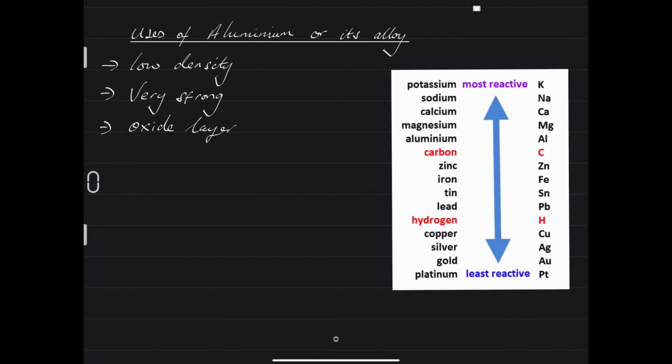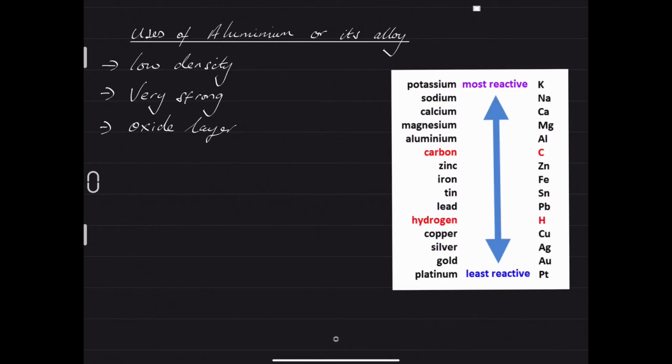So aluminium is quite reactive, as we can see from its position on the reactivity series. Now, it's less reactive than magnesium, so it's below magnesium, but it's more reactive than zinc and iron. And where does that leave us? That leaves us just above carbon.